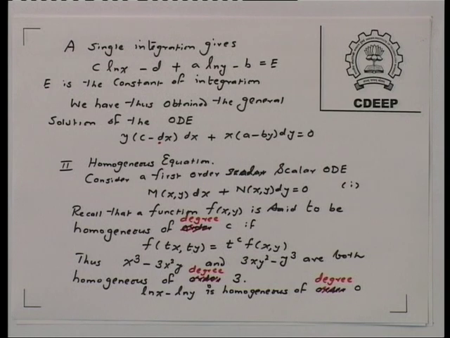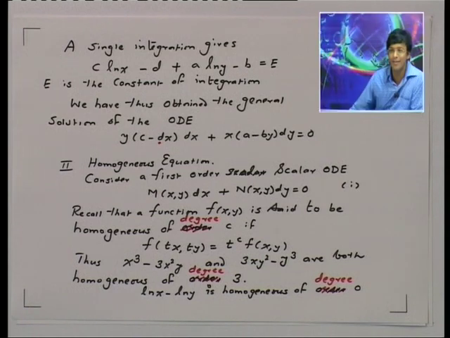But anyway, for completeness, we have looked at one single example. The example came from the Volterra-Lotka system, and there is a reason why I did this completely: we are going to use this expression, c log x minus d x plus a log y minus b y equal to e, for analyzing the Volterra-Lotka system later in the course. Okay.